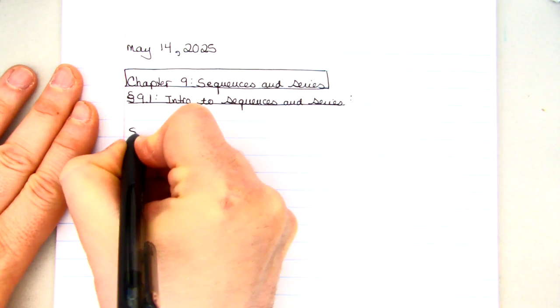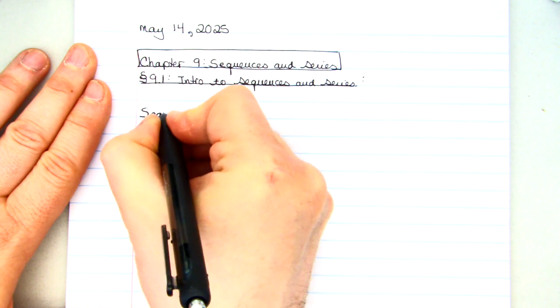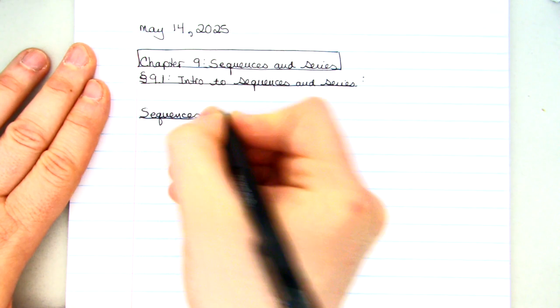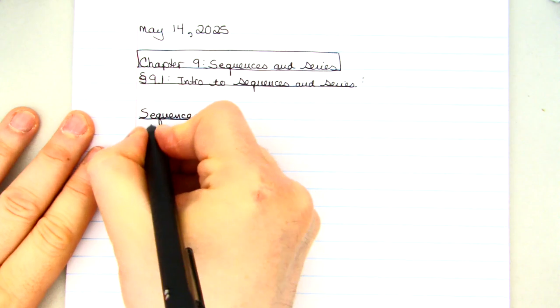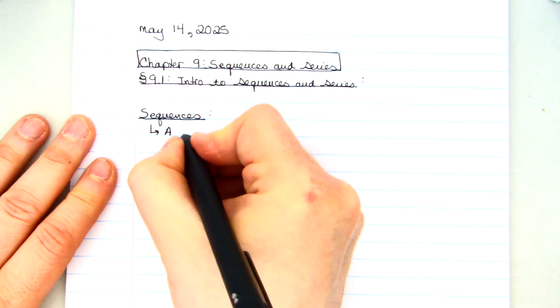We are going to start by dealing with some stuff about sequences. What is a sequence? And I think actually instead of set, I'm going to say a pattern of numbers.